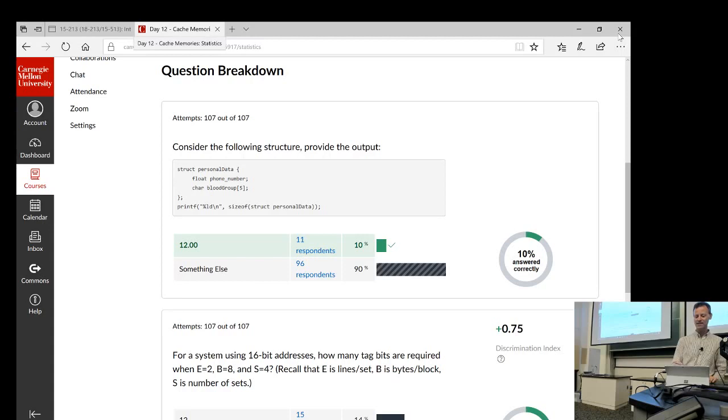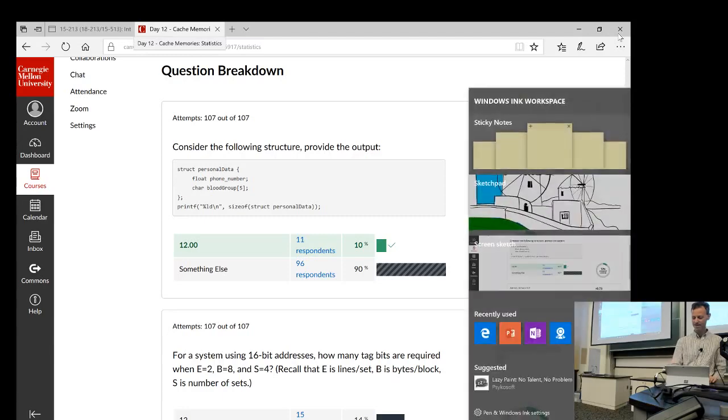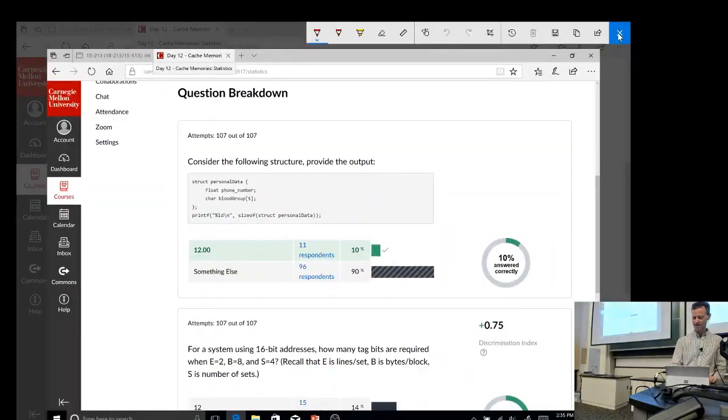Basically, the float is 4 bytes, and then you have this array of characters, which is 5 bytes.